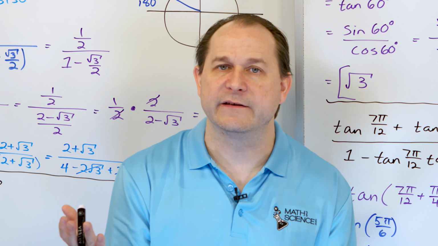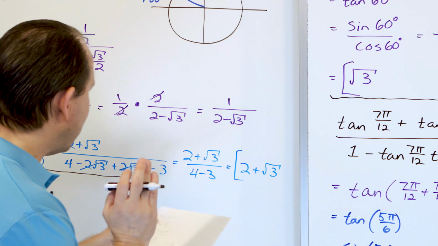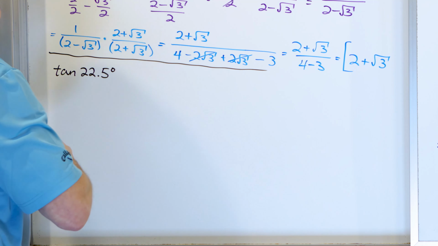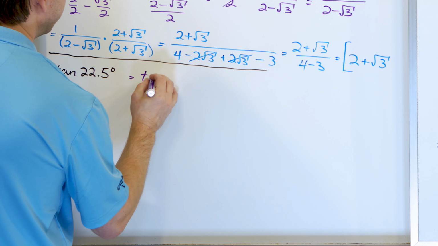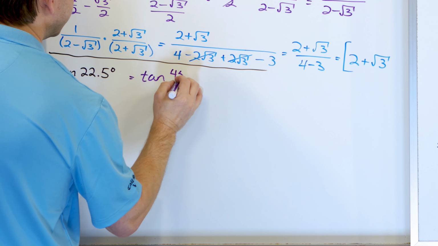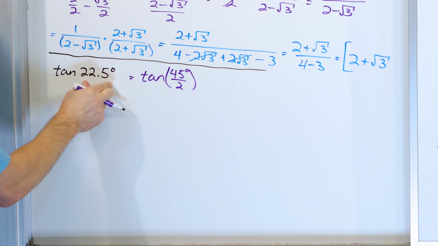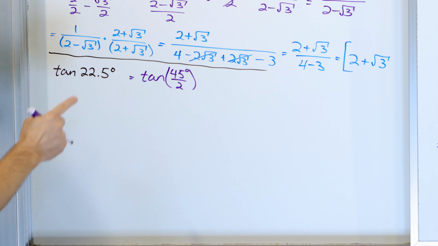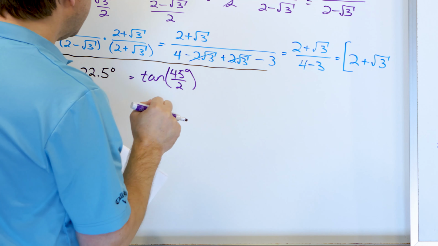I always know the sines and the cosines and the tangents of any multiple of 45 degrees. So I'm going to choose to rewrite this. Instead of being the tangent of this angle, I'm going to write it as the tangent of 45 degrees over 2. Because this division is 22.5, so these are the same thing. But now I've written it as a half angle identity, right?